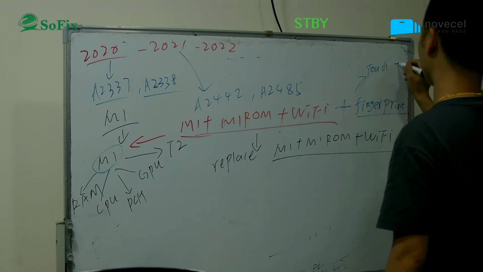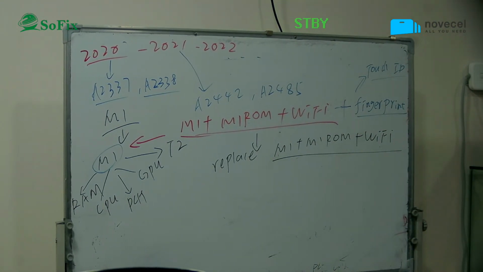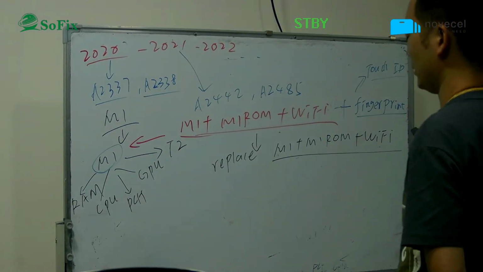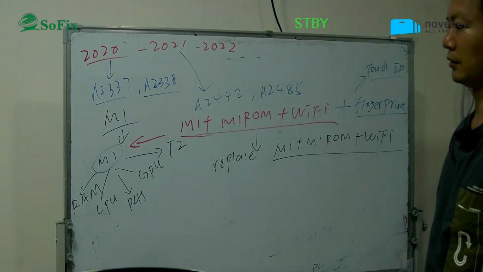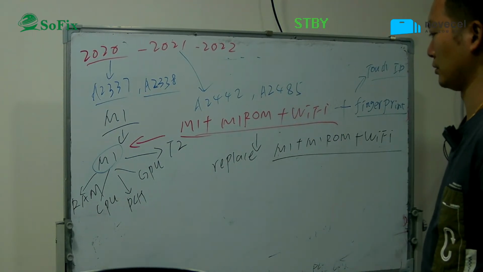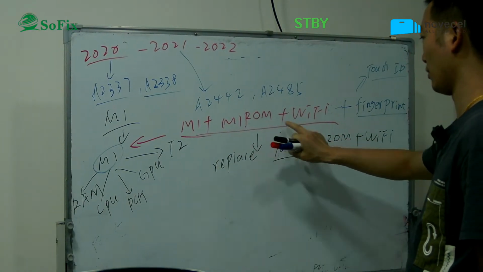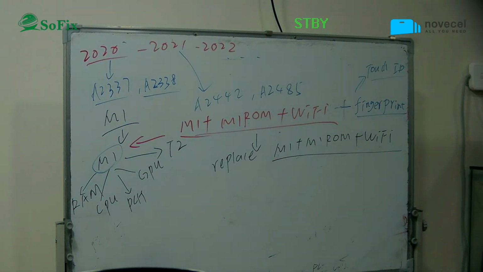Now the T2 model. The M1 model may be easier than the T2, but on the T2 model you only replace the T2 chip, while on the M1 model you replace the M1 ROM and the Wi-Fi chip. So these are different.